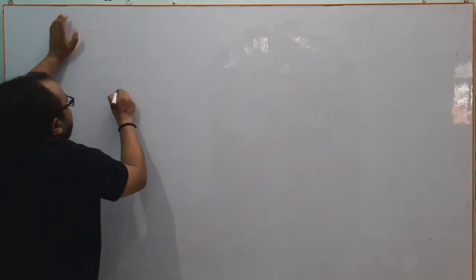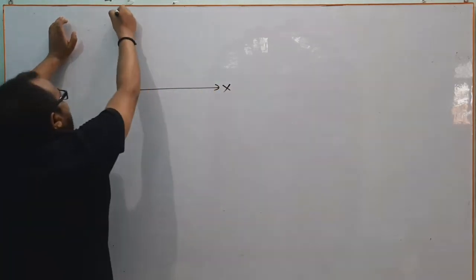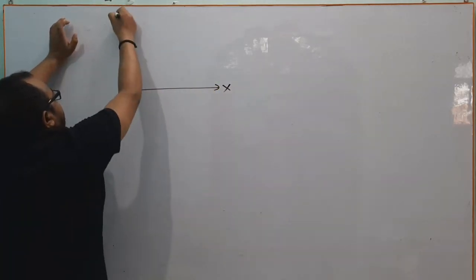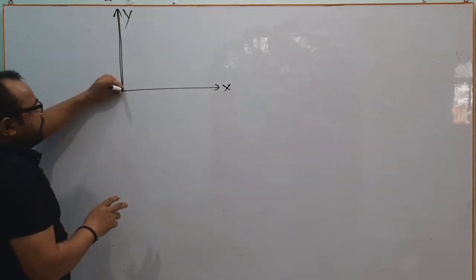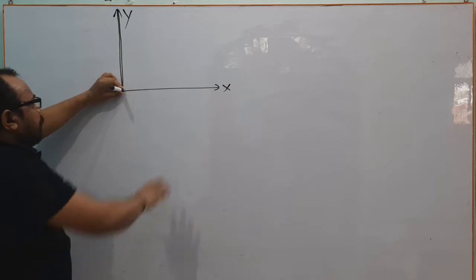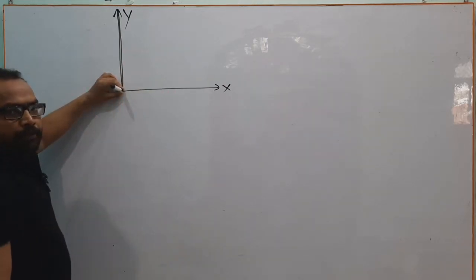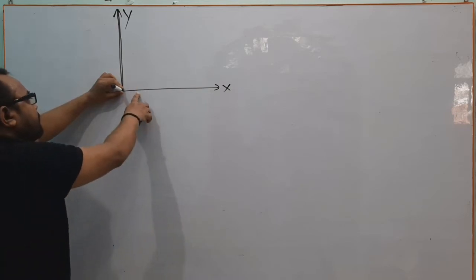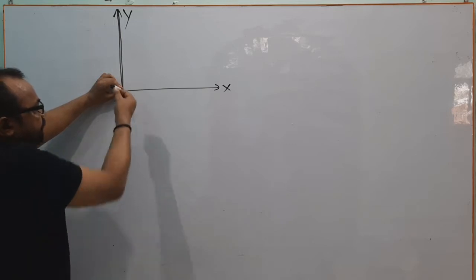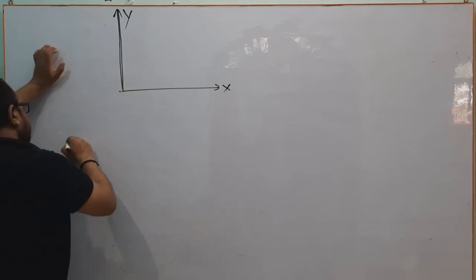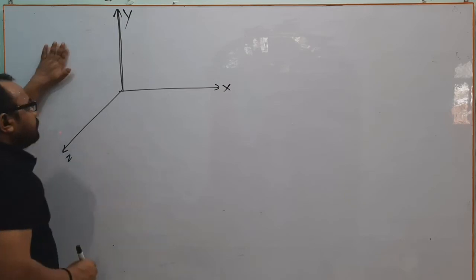We have already learned that the three mutually perpendicular axes are the x-axis, y-axis and z-axis, which is perpendicular to the plane of this xy plane. It means the z-axis will be perpendicular to the x-axis and also to the y-axis.